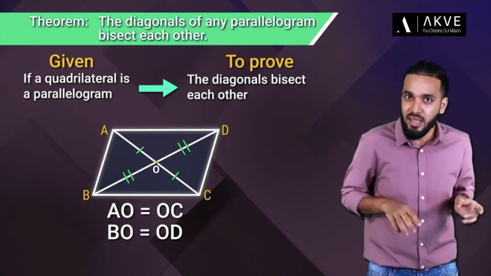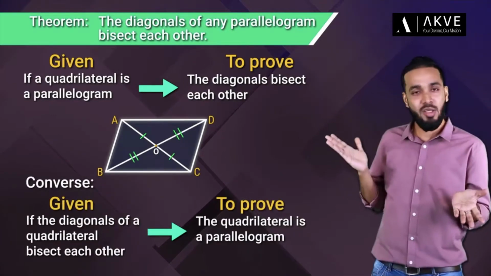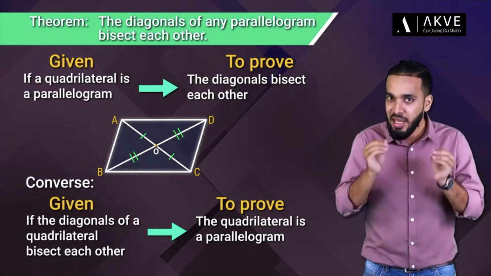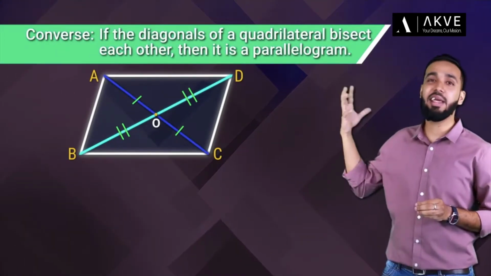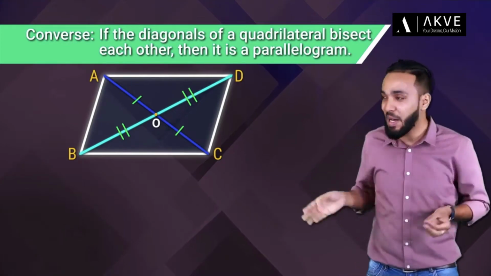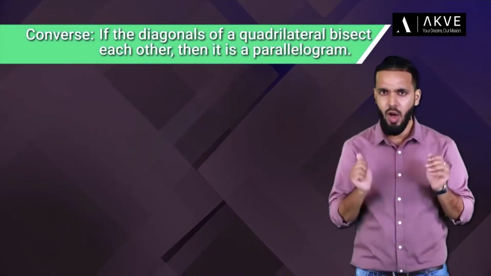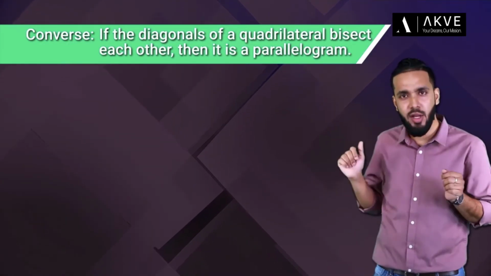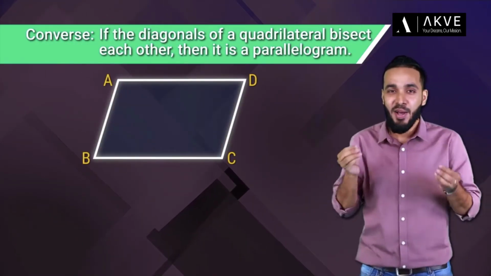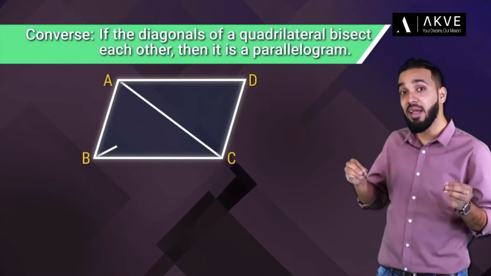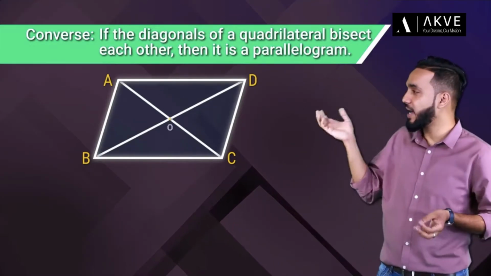So, on switching them, we get the converse of this theorem, which can be written as: if the diagonals of a quadrilateral bisect each other, then it is a parallelogram. Okay, how do we prove this one? Well, let us first have a quadrilateral ABCD where the diagonals AC and BD bisect each other at O.